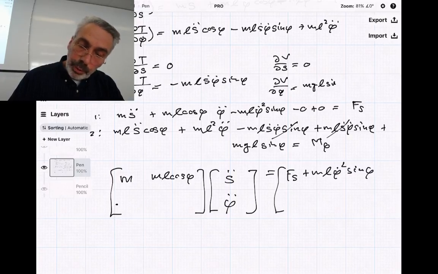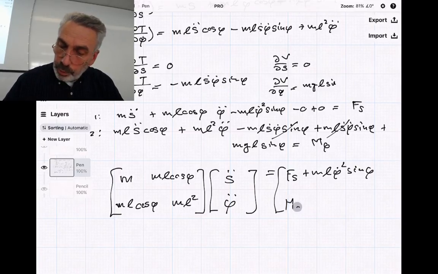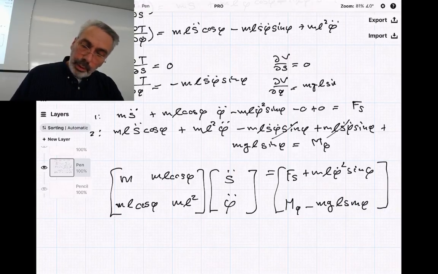And then the second equation, m l cosine phi and m l squared. Those two cancelled out, remember? And then this one is remaining, M phi minus m g l sine phi.